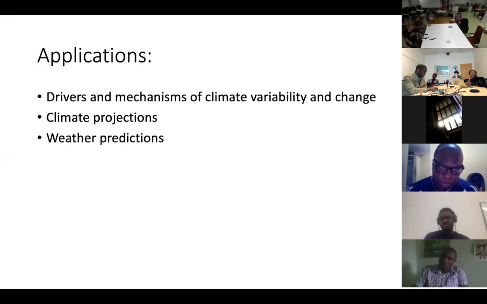I don't think we'll ever be able to run high resolution simulations as often as we would like to, so we still need those parameterizations. The main goal will be to understand and improve the parameterization.